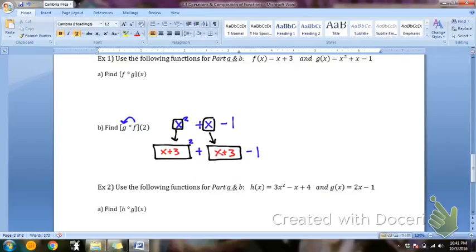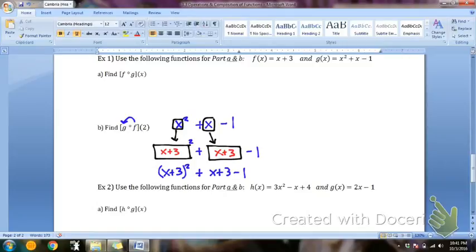So remove the x in my g function, I put the entire f function in for each x. So this should look like x plus 3 squared plus x plus 3 minus 1. Now in the middle, this x plus 3, we don't really need those parentheses. So let's take those off.